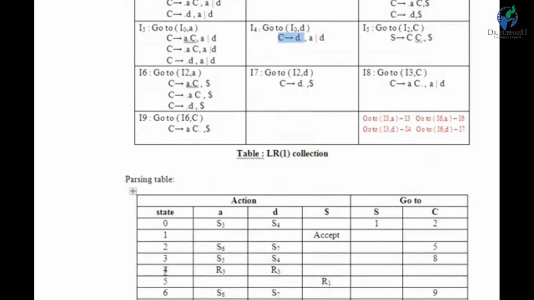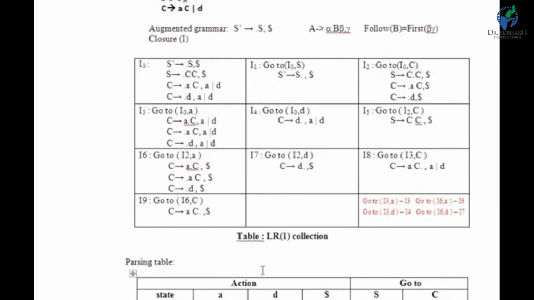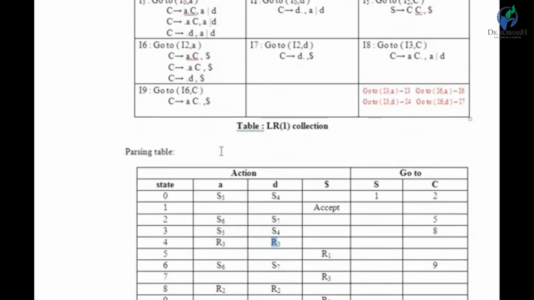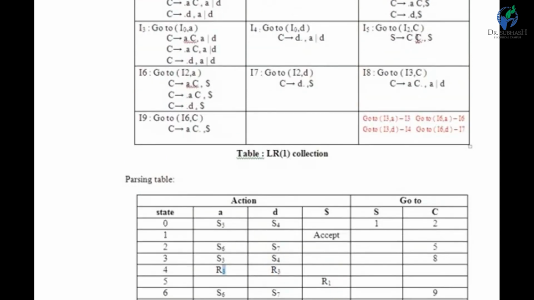So in the fourth row you have to write the reduce entry at lookahead A and D. Here your production C gives D is production number 3, because at 0 this statement, at first position this statement, at second position this statement, and at third position this statement. So write down R3.